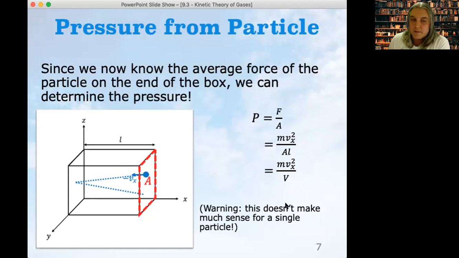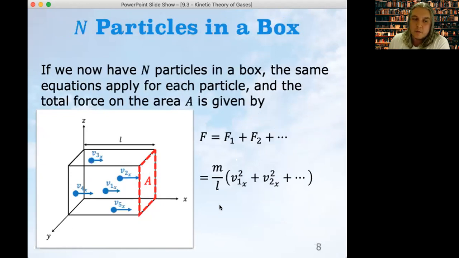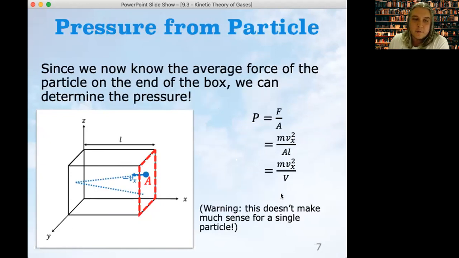Now, just to be clear, this doesn't really make a lot of sense for a single particle. So we wouldn't normally use this. It's just a good stepping stone to thinking about a gas with lots of particles in it, because obviously the amount of times it hits each wall will depend on what its velocity component is in each direction.